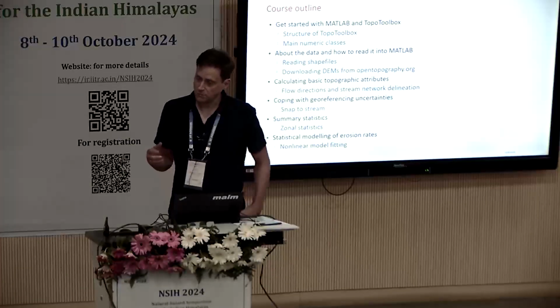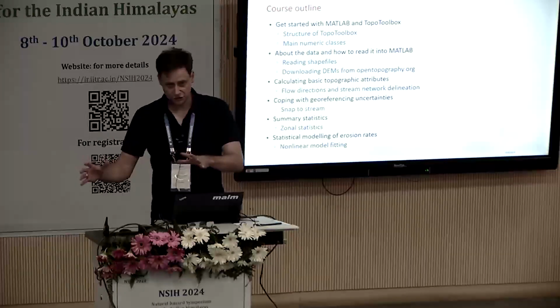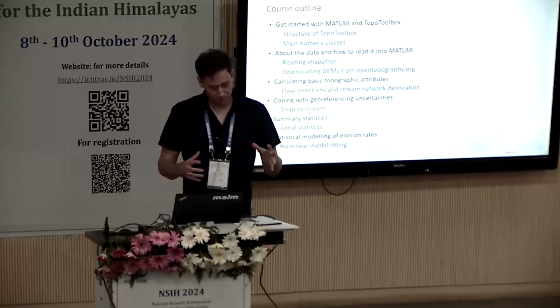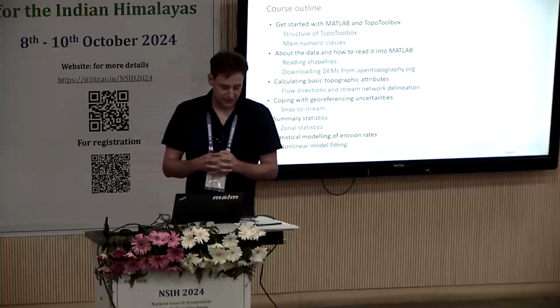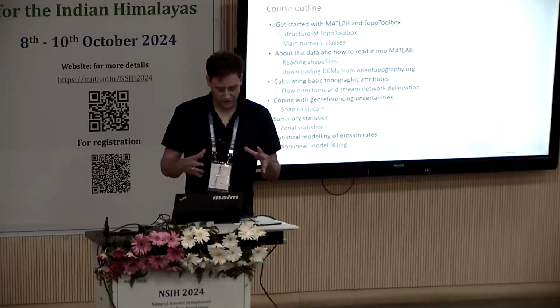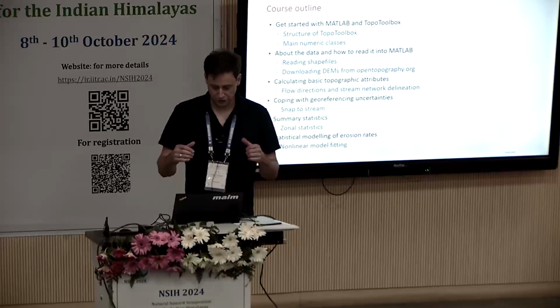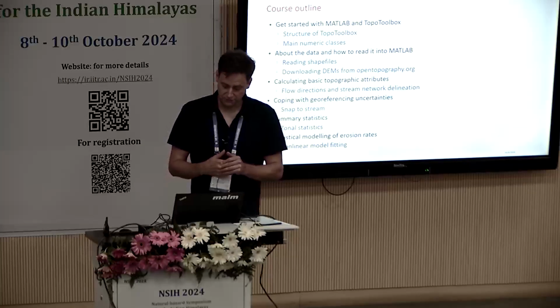Then combining both data, so the basin-wide denudation rates and our digital elevation model and all the derivatives that we have, they somehow need to combine, and this brings a couple of challenges with it. So we try to deal with georeferencing uncertainties and learn about some special approaches here that a seemingly simple tool, Snap-to-Stream, basically offers.